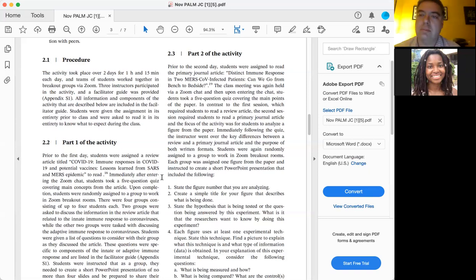It was some general knowledge things, really. And so I grouped some individuals that I thought were a little more advanced with the ones that weren't so much, because I wanted them to be able to learn from each other.